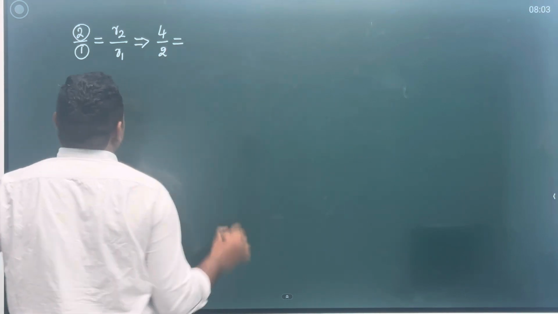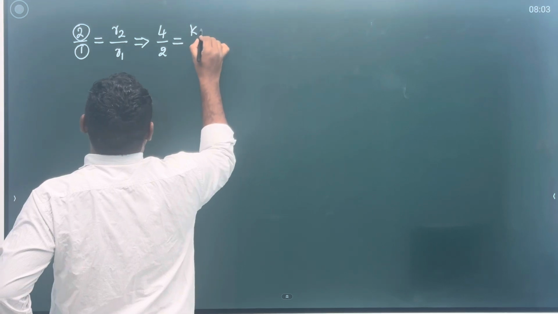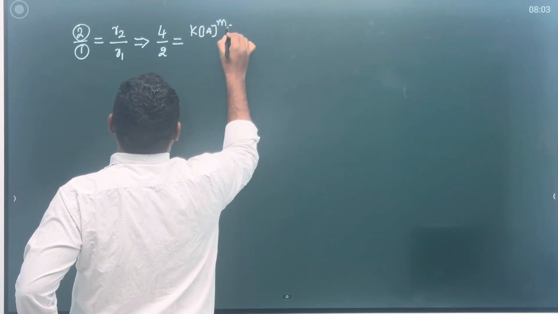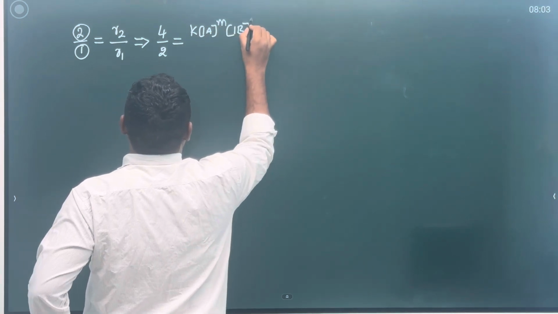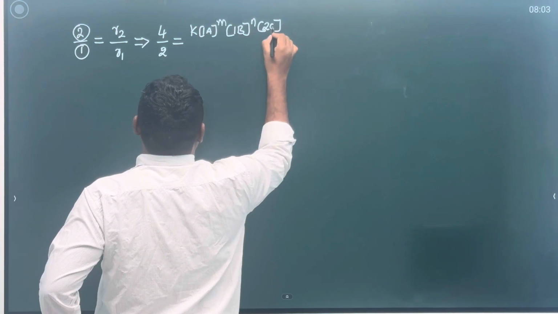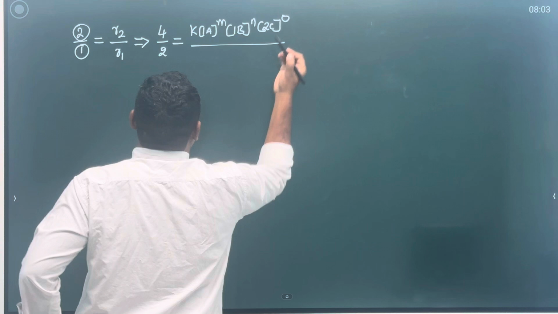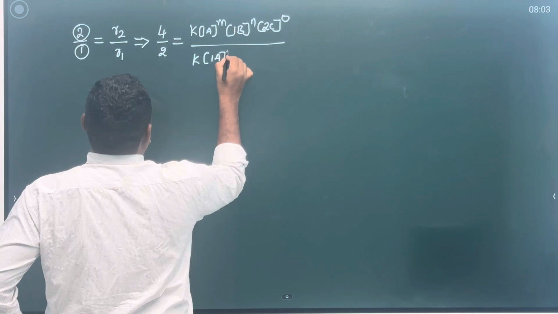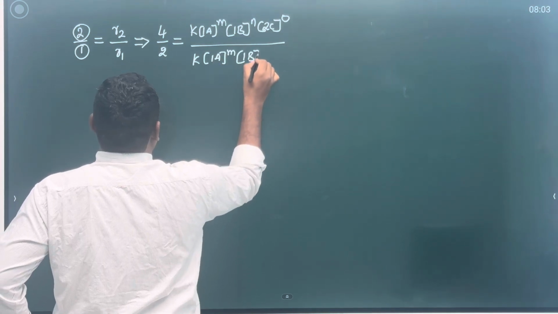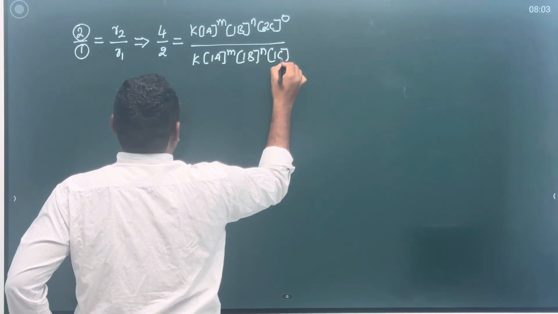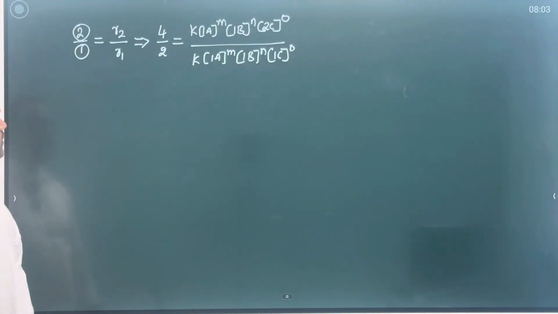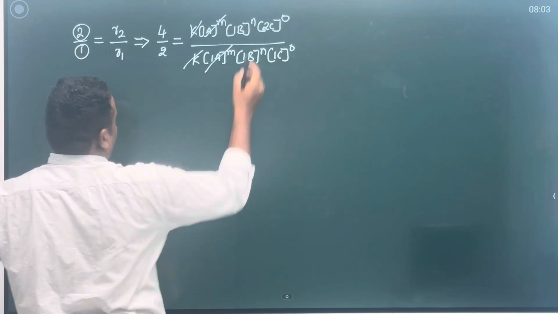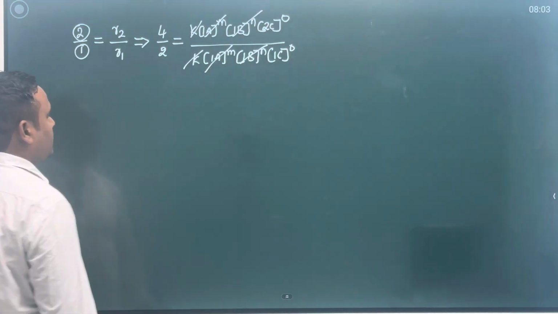That is equal to K into 1A power M, 1B power N and 2C power O, by K into 1A power M, 1B power N, 1C power O. So here you observe K and K will get cancelled out. 1A power M, 1A power M will get cancelled out. 1B power N also will get cancelled out.